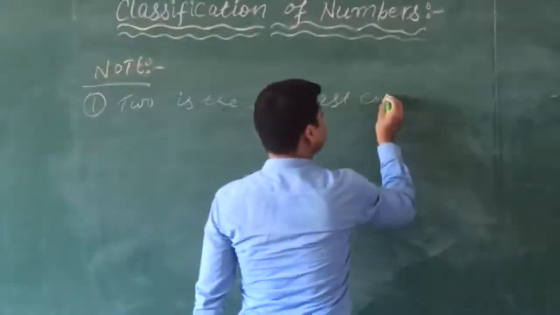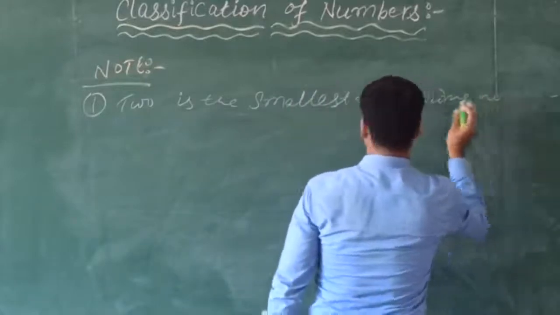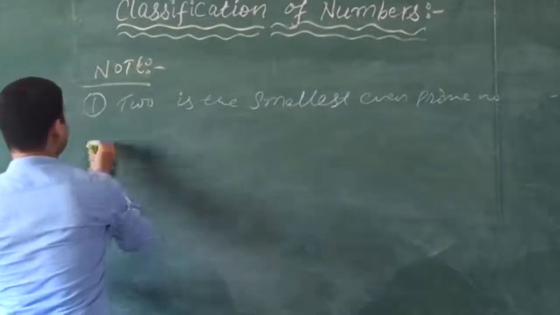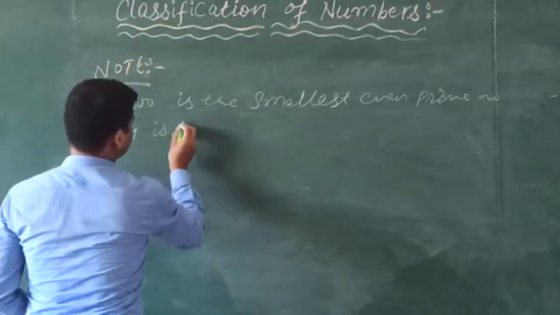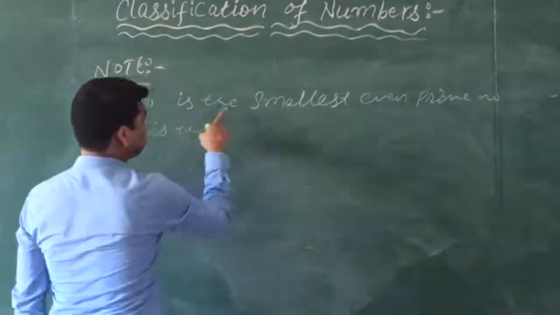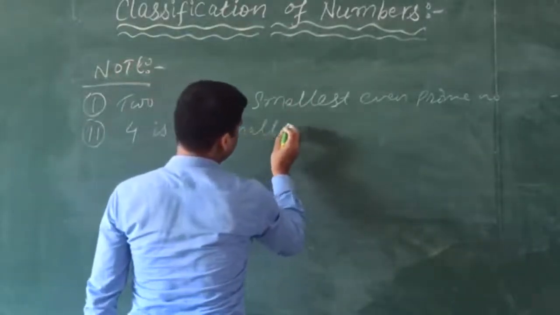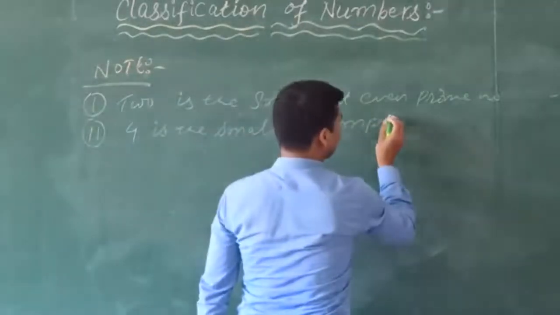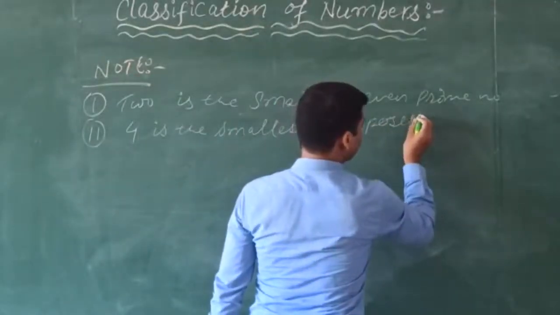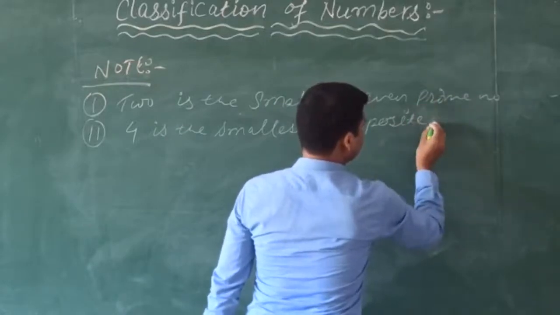What is the second point? 4 is the smallest composite number.